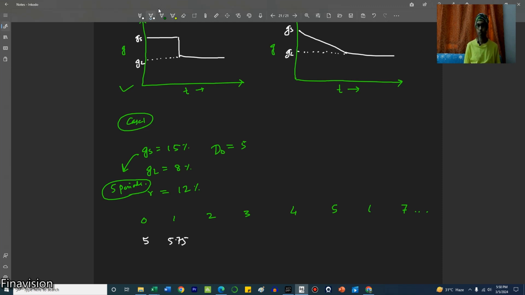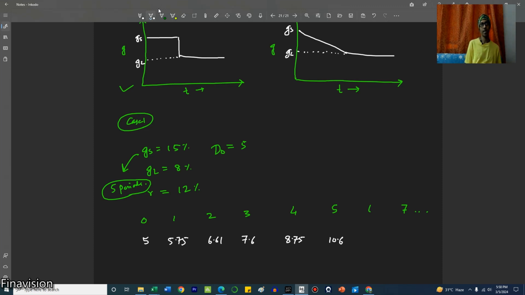This is 6.61. Into 1.15, this is 7.6. Into 1.15, 8.75. 10.06.